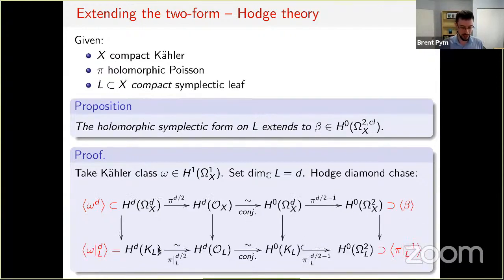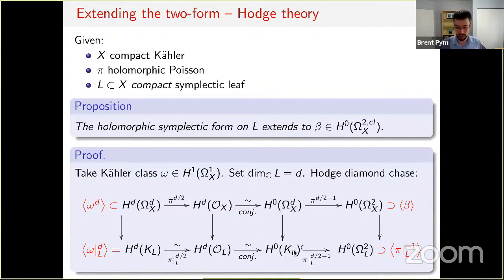So I have L, I take its D forms. That's actually the top exterior power. So that's the canonical bundle of L. And well, L is a symplectic manifold, so the bivector actually gives an isomorphism from the canonical bundle of L to OL. So actually the first map is an isomorphism over L. The next one is a complex conjugate isomorphism.